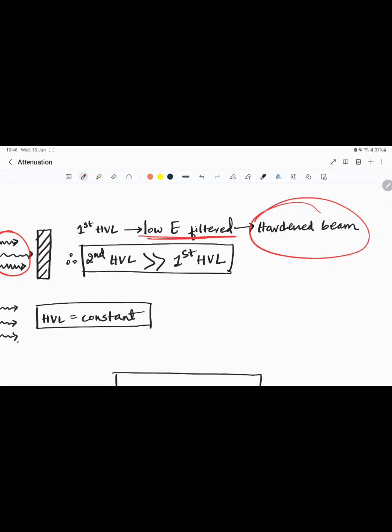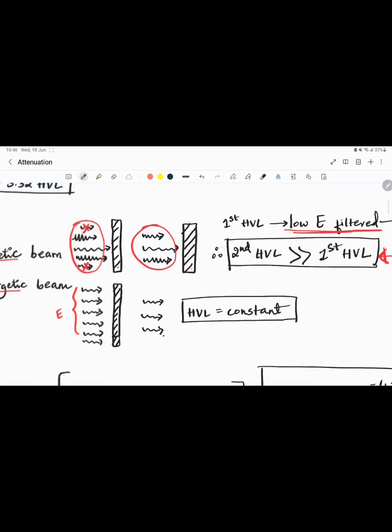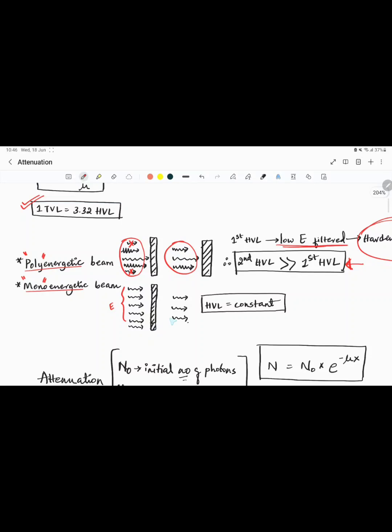That's why in a polyenergetic beam, the point you have to remember is the second HVL is always greater than the first HVL. Coming to monoenergetic beam, since the energies are similar, the HVL is always constant. So the second HVL is equal to the first HVL.